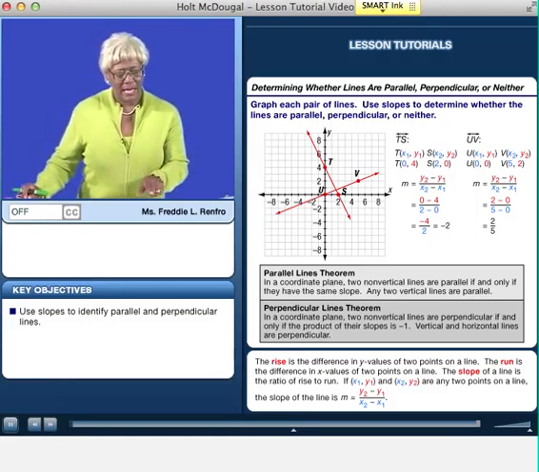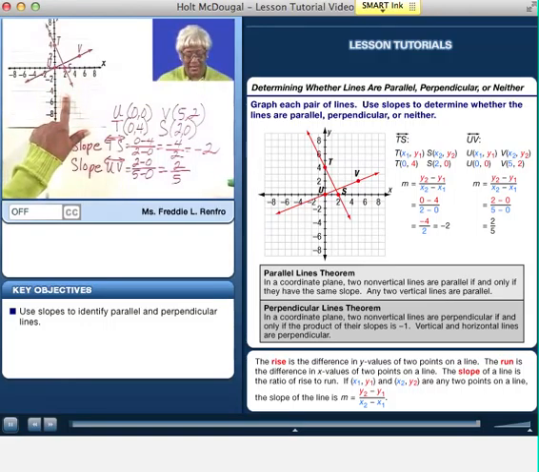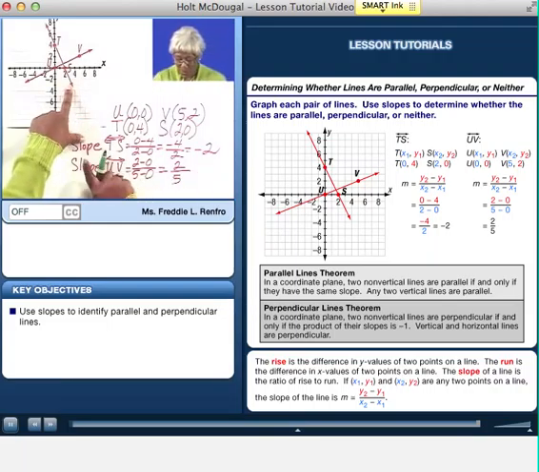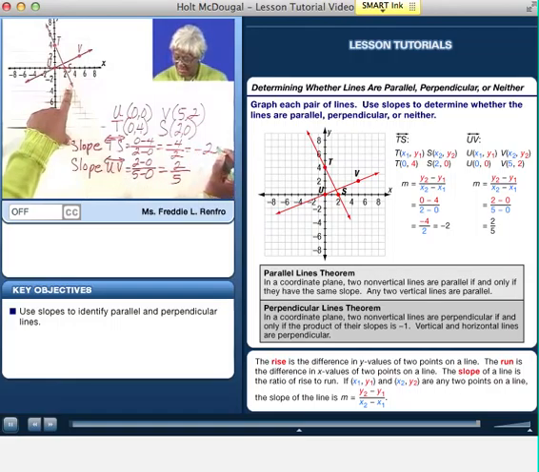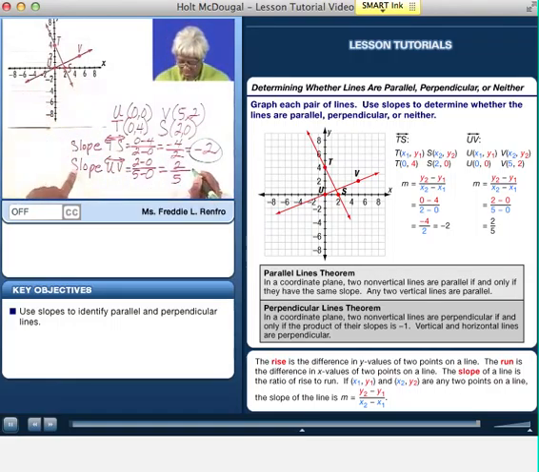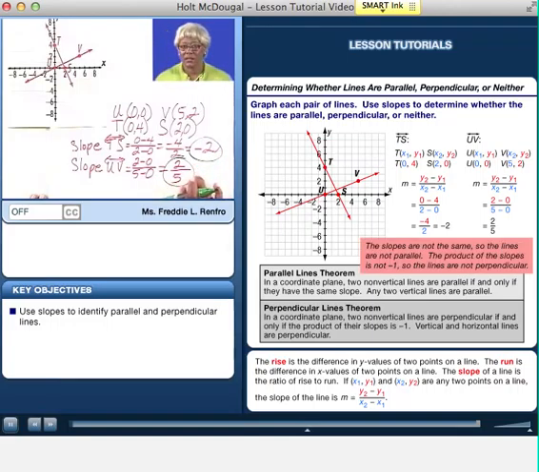So we've computed the slopes of both lines. But wait a minute. When I look at these two lines, it looks like they're perpendicular. But when I look at the slope of line TS, which is -2, and the slope of line UV, 2/5, they're not equal, nor is their product -1.